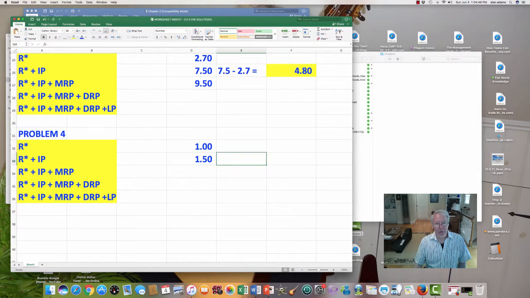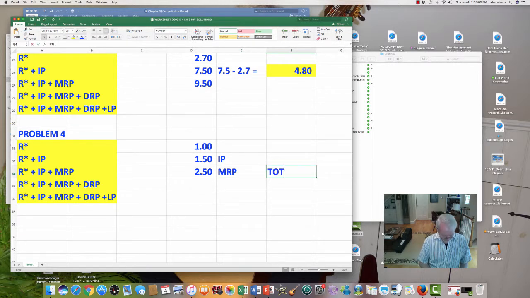I'm just going to note that this is the IP. I'm going to note the MRP, which I've given to you. The maturity risk premium is 2.5. So the total of those three should be what the Treasury bond would pay. The rate that a Treasury bond will pay only has 3 elements.